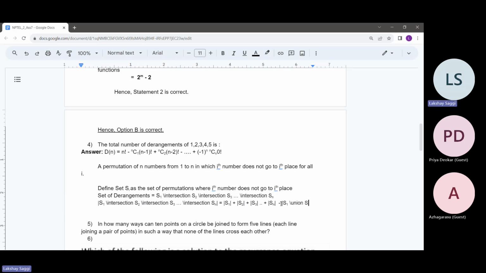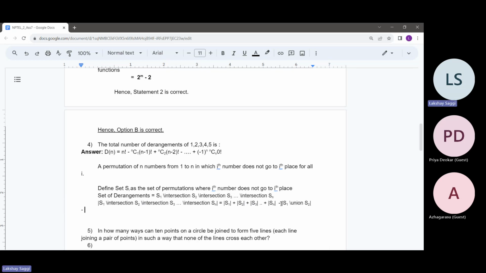S1 union S2, similarly S2 union S3, and similarly everything taken two at a time, and then we'll add everything union taken three at a time.